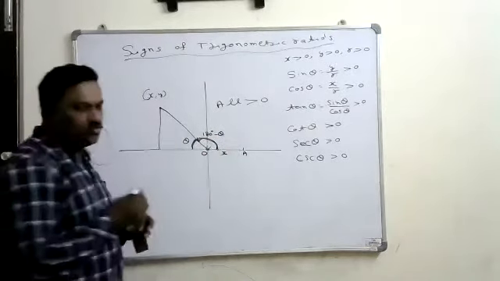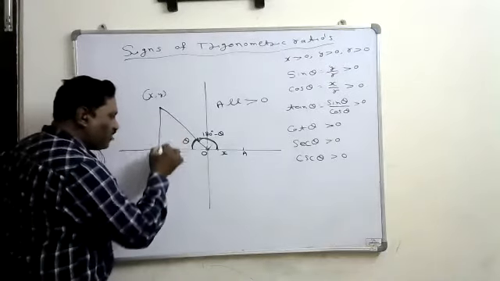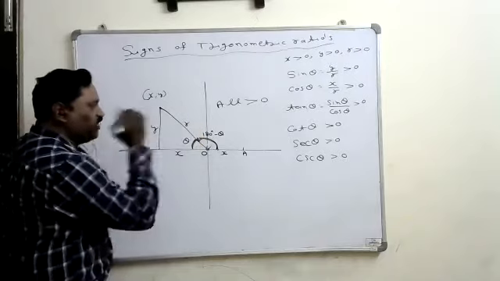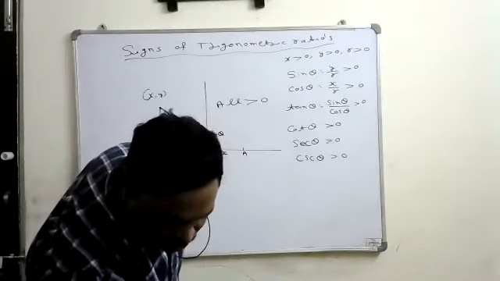That is the angle that lies in the second quadrant. Now, from this perpendicular onto the x-axis, this is y unit, this is x unit, and this is r unit.